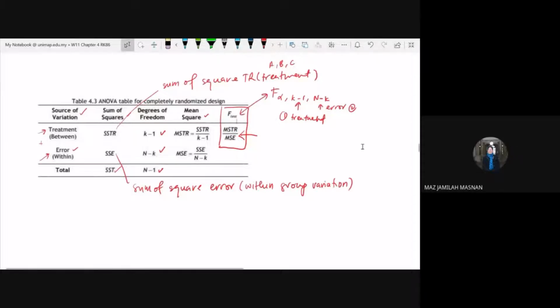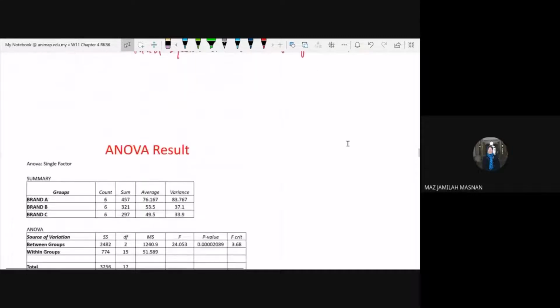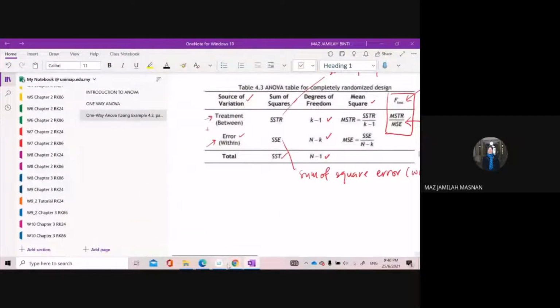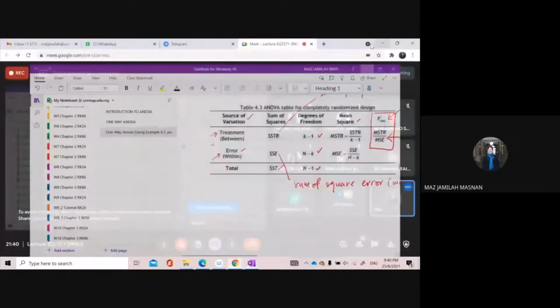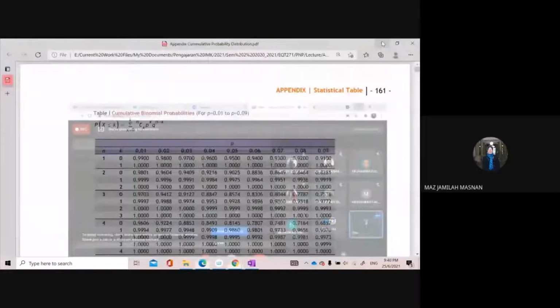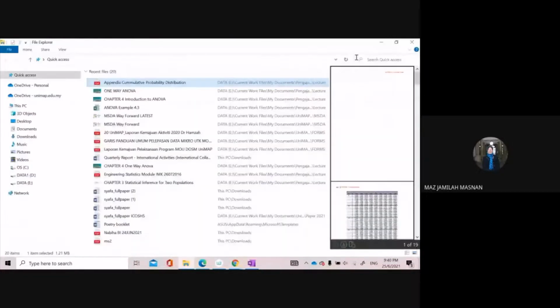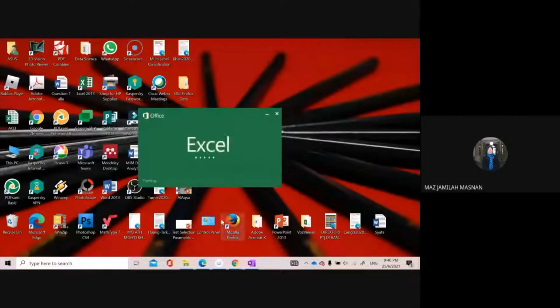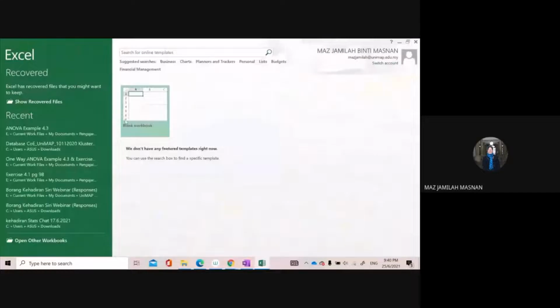Now, let us begin with the ANOVA using Excel. Let me bring you to the cell. Can you see my transition of slide here, class? Can you see my Excel now?